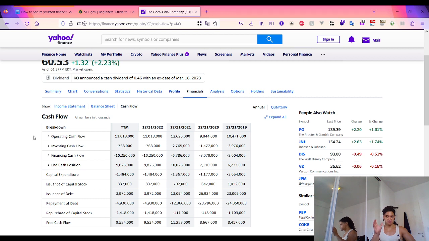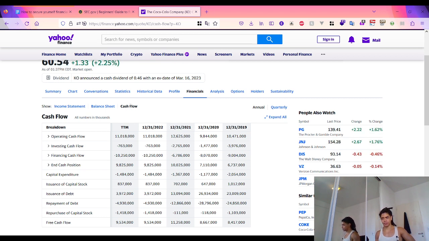While the income statement can tell you whether a company made a profit, a cash flow statement can tell you whether the company generated cash.